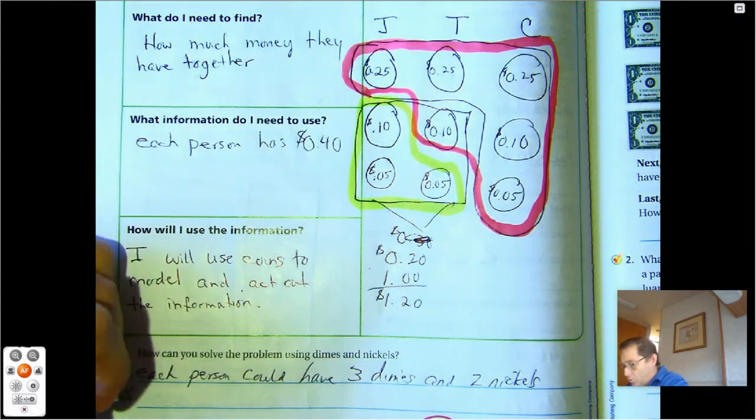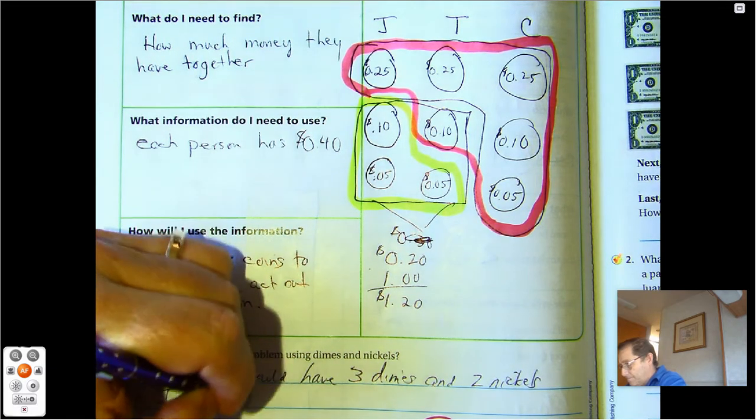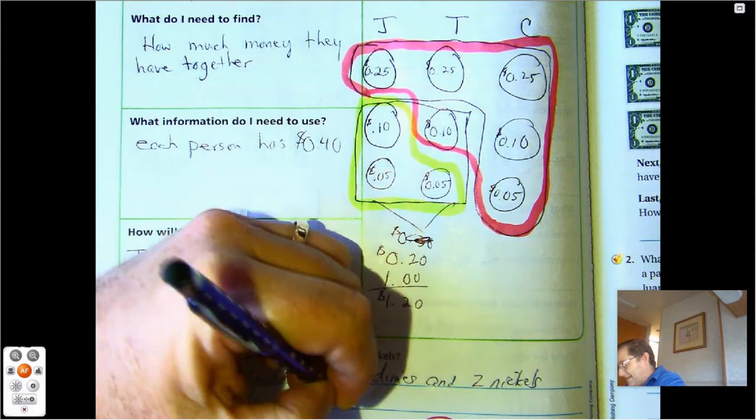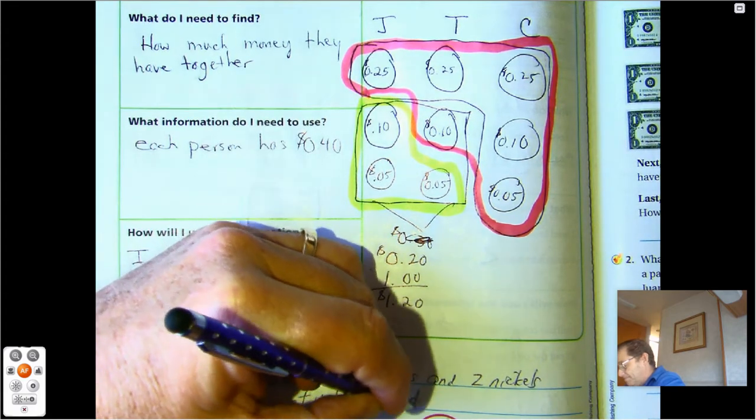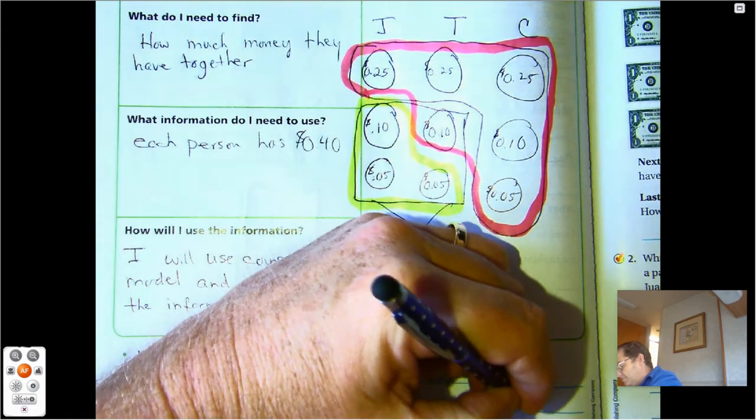So I would have a total of 9 dimes and 6 nickels.